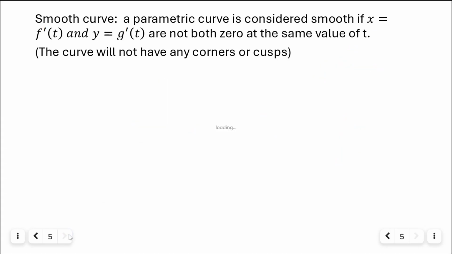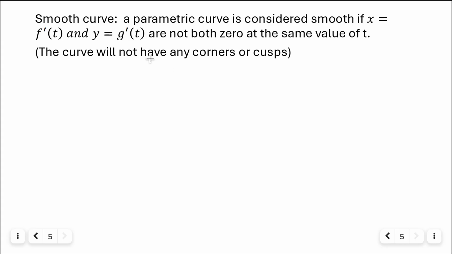All right, and then finally, we have a definition here called a smooth curve. A smooth curve is a parametric curve if x equals f prime of t and y equals g prime of t are not both 0 at the same value of t. Okay, it means that the curve will not have any corners or cusps. All right, so we're back on the concept of differentiability, right?